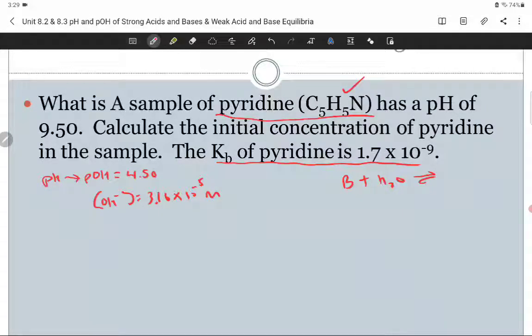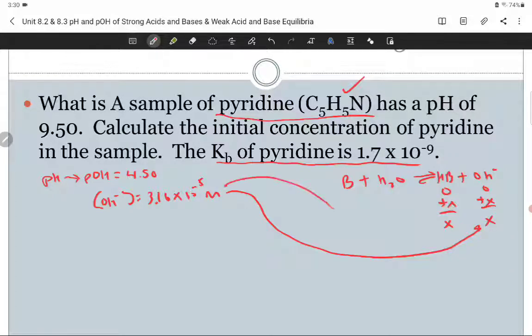But ultimately, that's going to make, I guess we have to call it that, if we want to make these look the same. But anyhow, 0 plus x is x. 0 plus x is x. So that value that we just calculated is for either of those two x's.